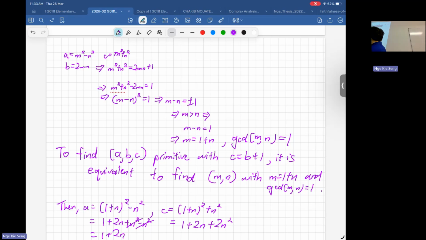But 5, 6 will give us the inverse triple. Seems like any number will work. 6, 7, 7, 8, 8, 9, 9, 10, 10, 11. Everyone works. Isn't it?